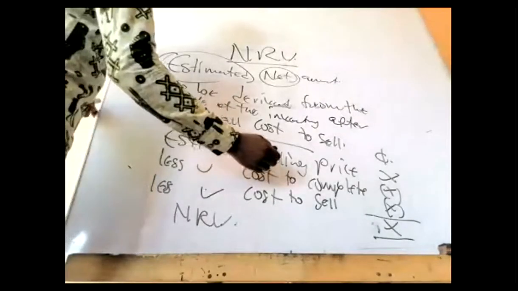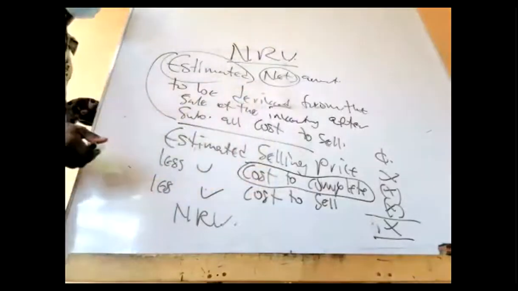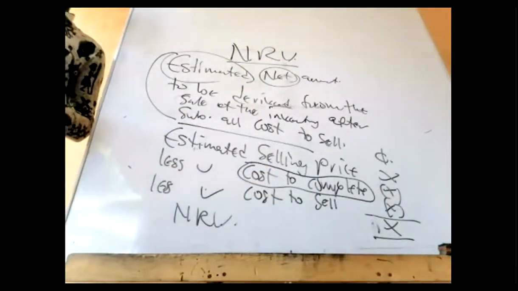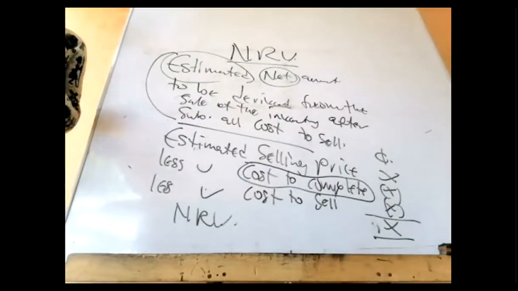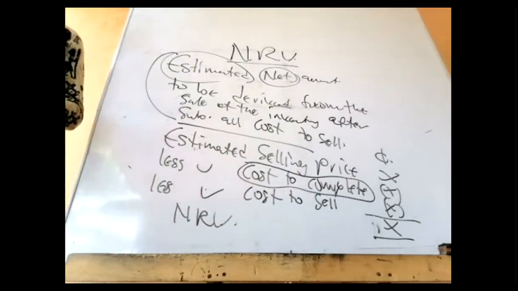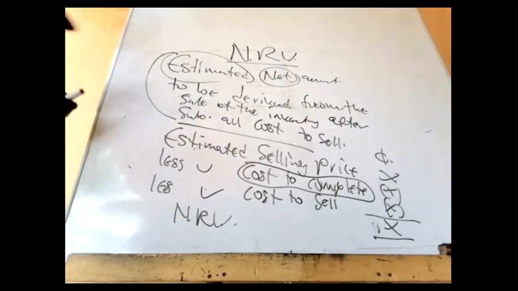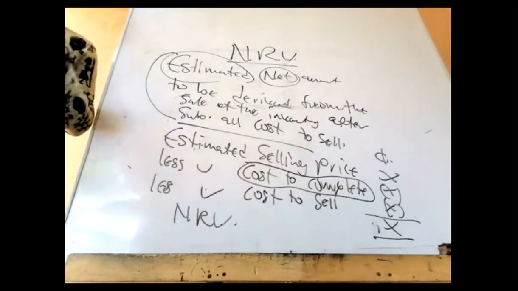Cost to complete is usually confused with the conversion cost. These two costs are often confused. The difference is that you incur this cost to complete the sale.